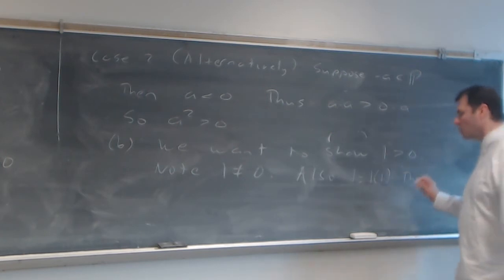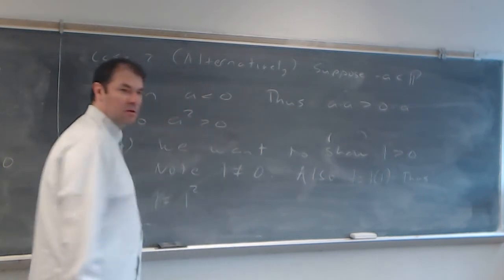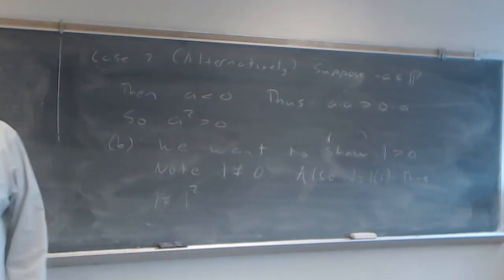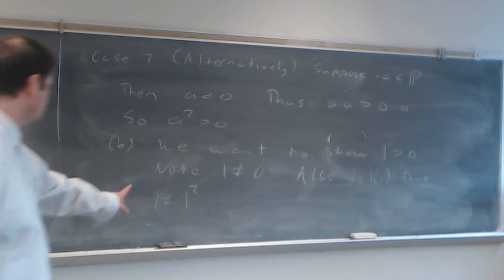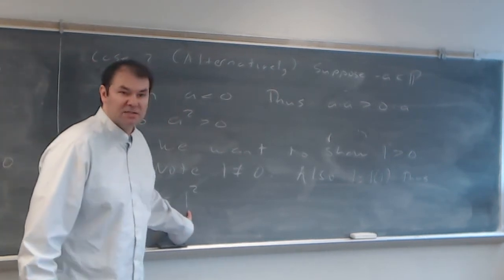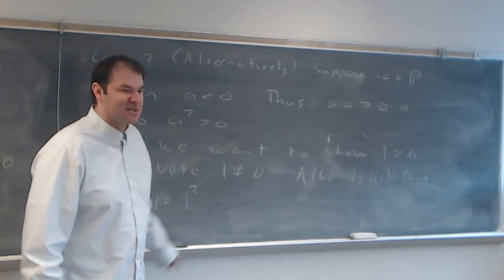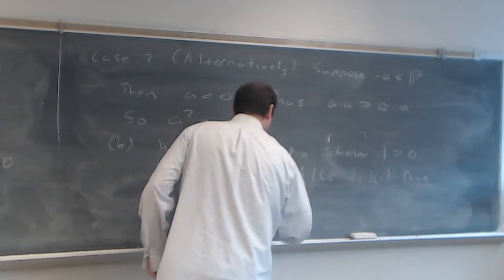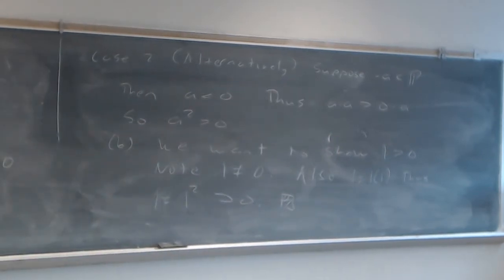Thus, 1 is equal to 1 squared. And what did we just prove in part A? That if you give me a real number that isn't 0, and I'm giving you 1, it's not 0. If you square it, it's got to be greater than 0. That's the proof. Outstanding.